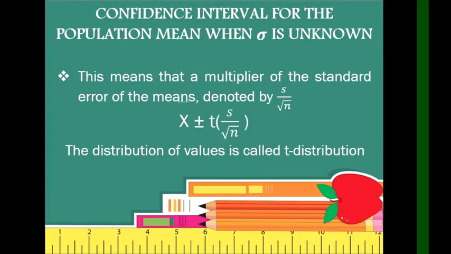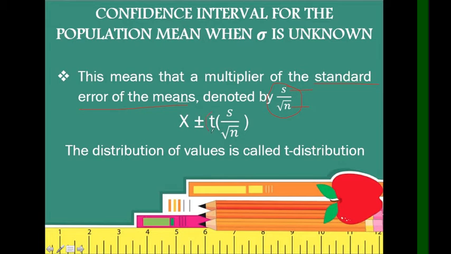Now, this means that a multiplier of the standard error of the mean is used. The standard error of the mean is S over the square root of n. N is the size of the sample, and S is the sample standard deviation.